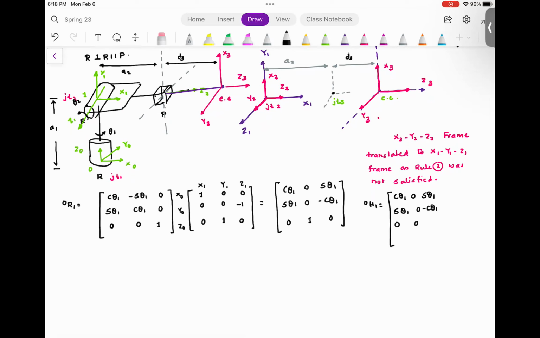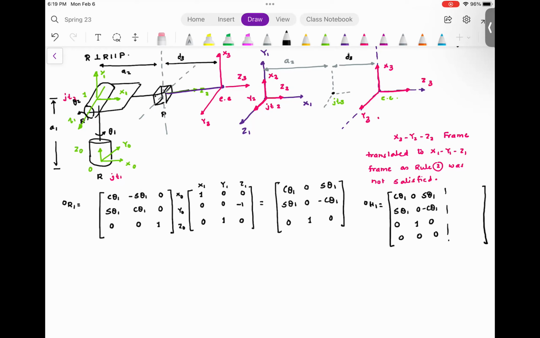Zero, zero, zero, 1, 0, 0, 0, 0. And here we find the distances. So here the distance between frame 1 and frame 0 is about x0.